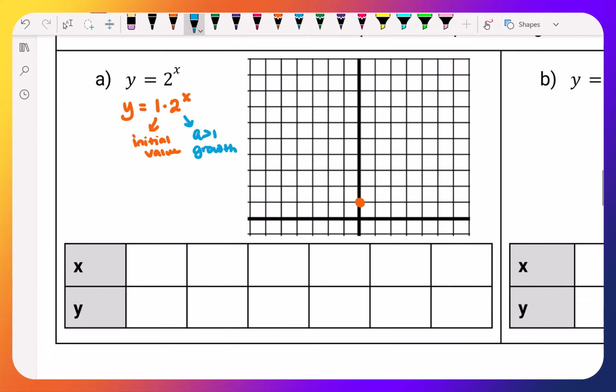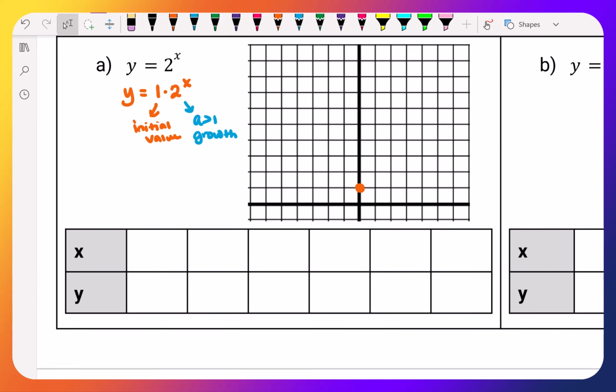And what I want to do if I'm going to graph it is put 0 right here. And I know if I plug in 0 here, and I'll show you, 2 to the 0 power is 1. So there you go. What you want to do is just pick a couple more points. You can use 1 and 2.